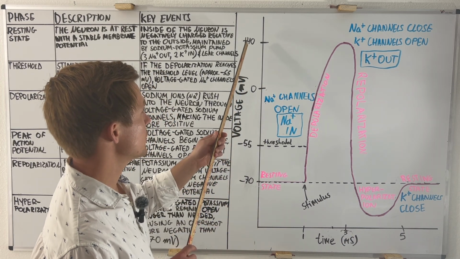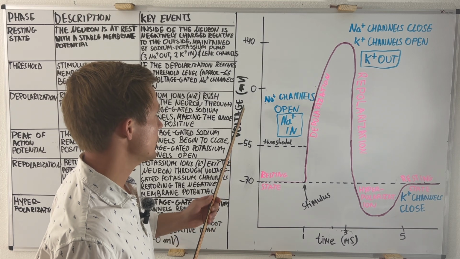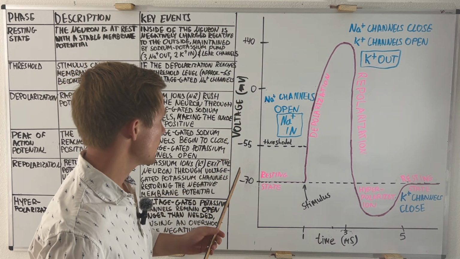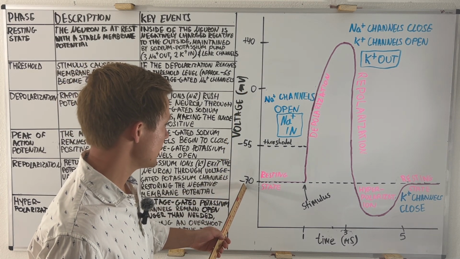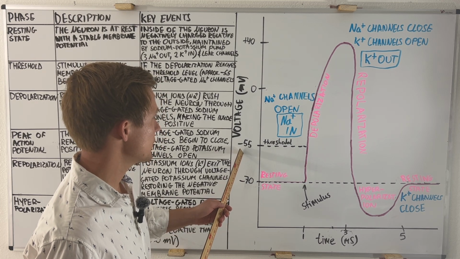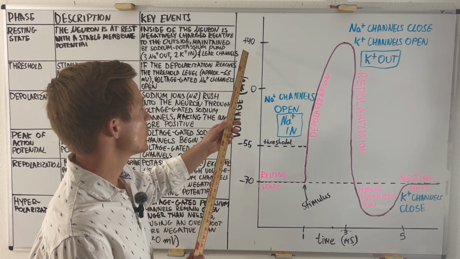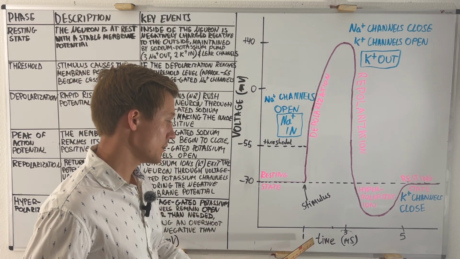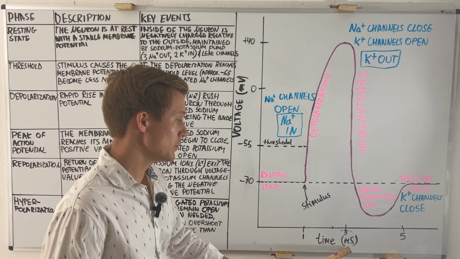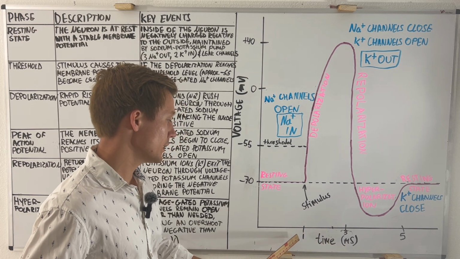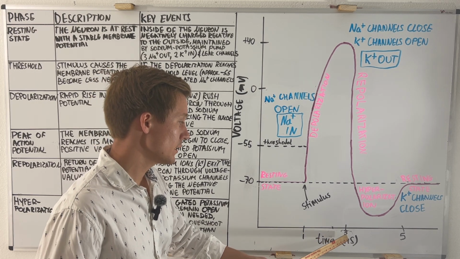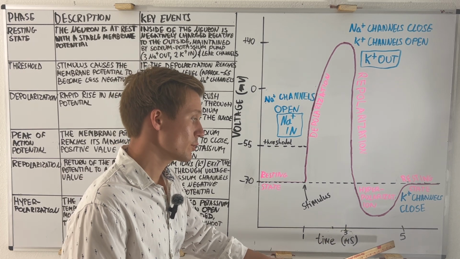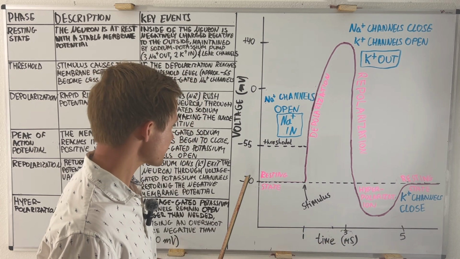If you notice on the y-axis, we have voltage in millivolts, and the values range from -70, -55, 0 to +40 millivolts. And on the x-axis, we have the time in milliseconds, and it ranges from 1 millisecond, 3 milliseconds, to 5 milliseconds.